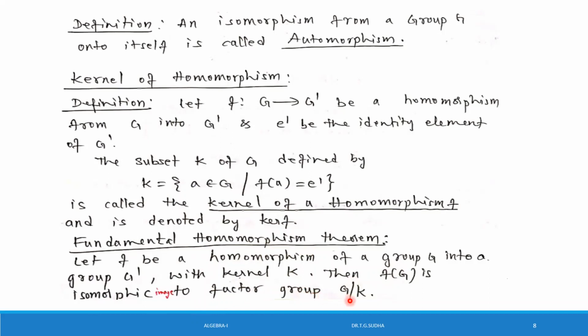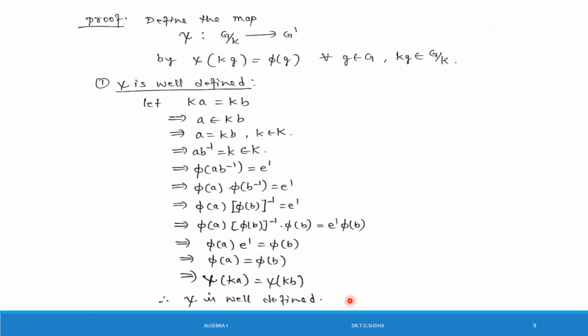So if you consider a homomorphism f from a group G into G' with kernel K, then f(G), that is the image of f, which will be a subgroup of the codomain G', is said to be the isomorphic image of the factor group G/K. That is, G/K and f(G) are isomorphic to each other. So let us prove this.